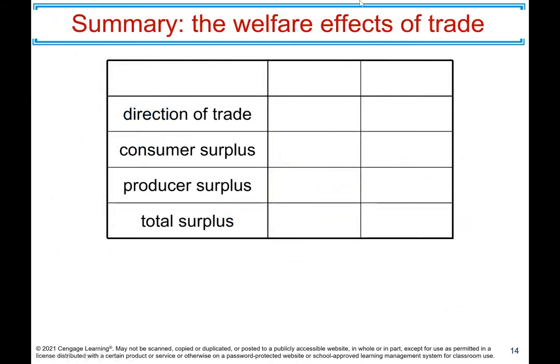Summary: the welfare effect of trade. When domestic price is lower than world price, the direction of trade is that the country will export this product. Consumer surplus will decline. Producer surplus will rise. Total surplus will rise.